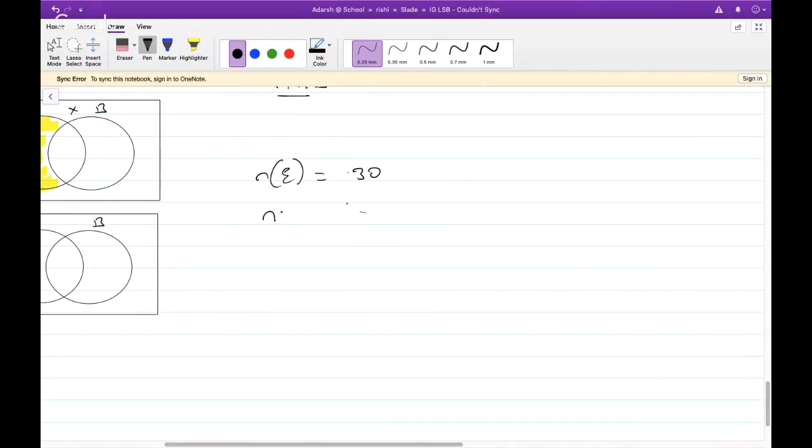Now out of this, let me assume the number of students who take physics is 20, and the number of students who take chemistry is 15. That means there is some overlap, some students who are taking both physics and chemistry. Now we'll assume that every student takes at least one of the subjects.